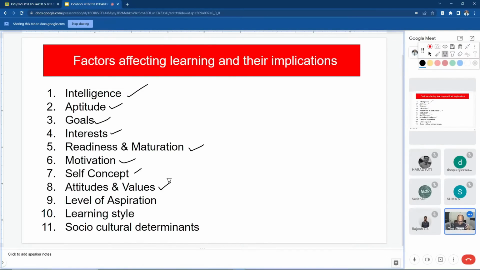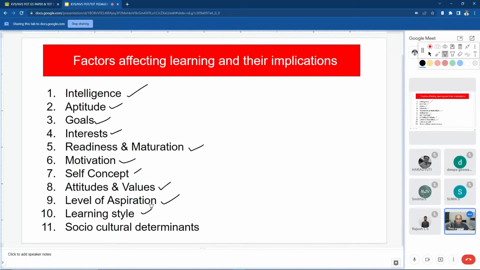Attitudes and values: their attitude is not good towards education, so they don't study. And values, as I told you, middle class people give a lot of importance to education, and if any person from an above-middle-class or rich family doesn't give importance to education, they are least bothered about education or school. Then level of aspiration: how much they are interested to achieve their goals in life. Then learning style.